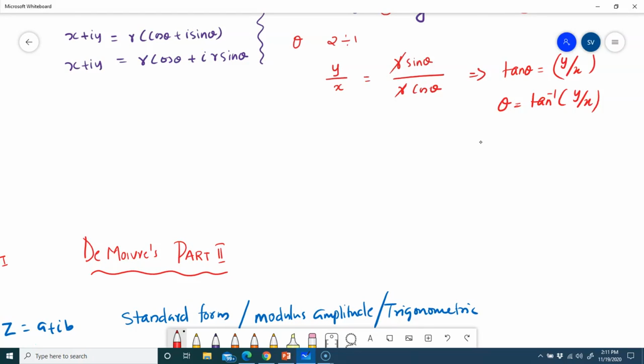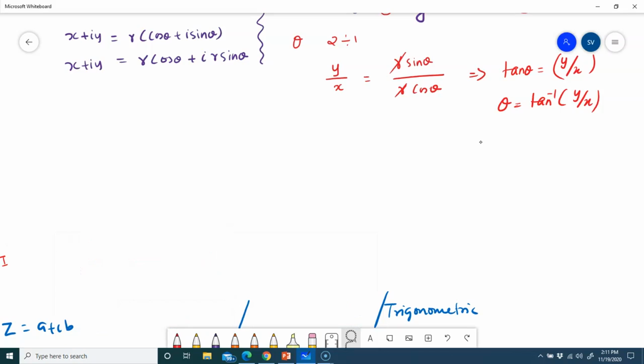Now this tan inverse y by x we can prove using a small demonstration with a complex number. Give me a moment. If I have a complex plane like this, suppose I am considering the complex number 2 plus 2i.